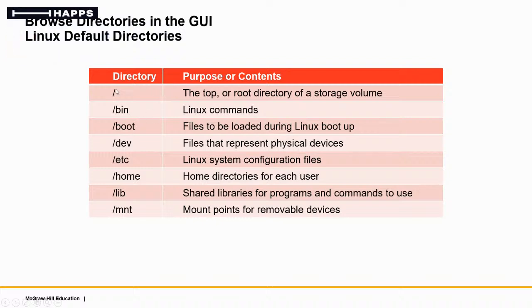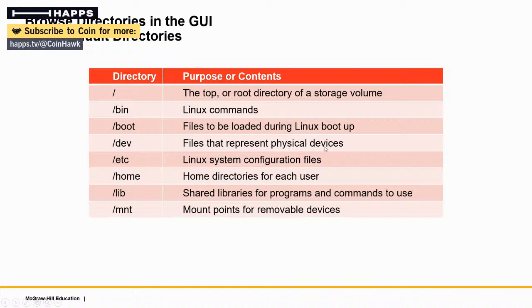So here are some of the default directories that you'll see. Again, the / is the root. You'll have bin, where a lot of the commands exist. Boot helps you boot up the system.